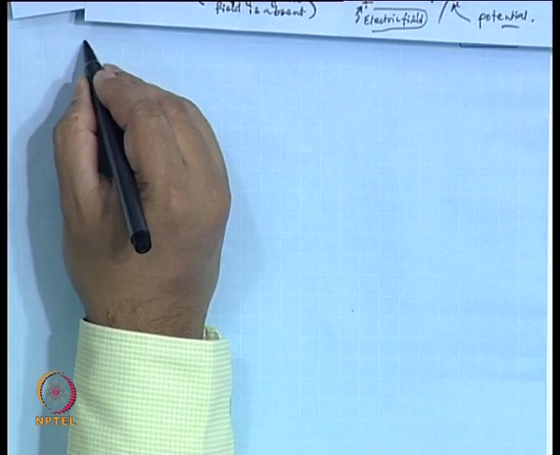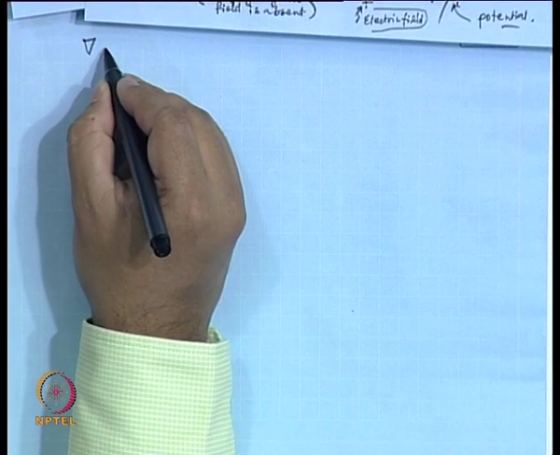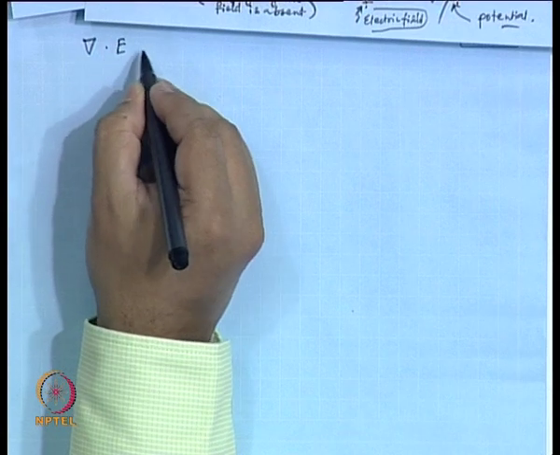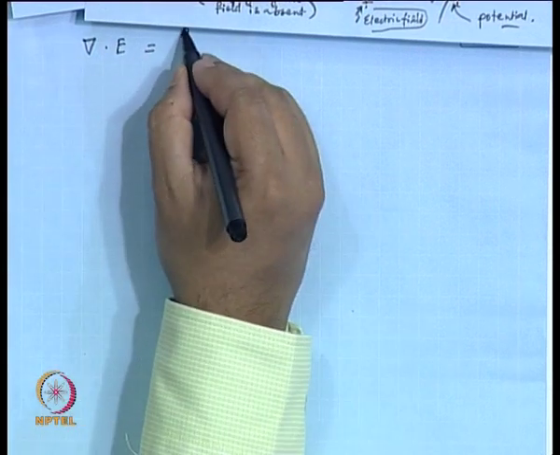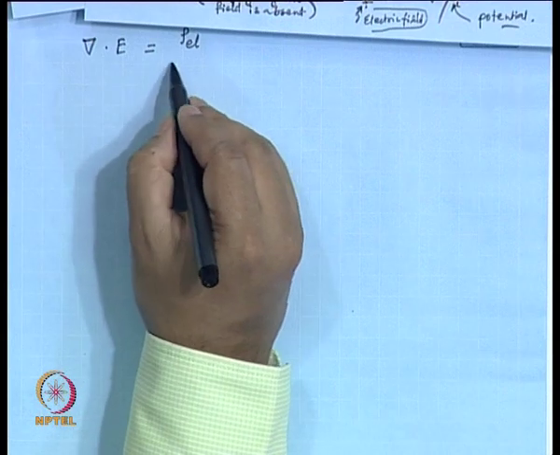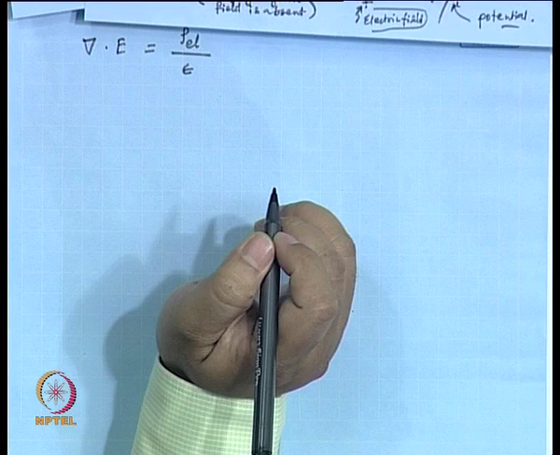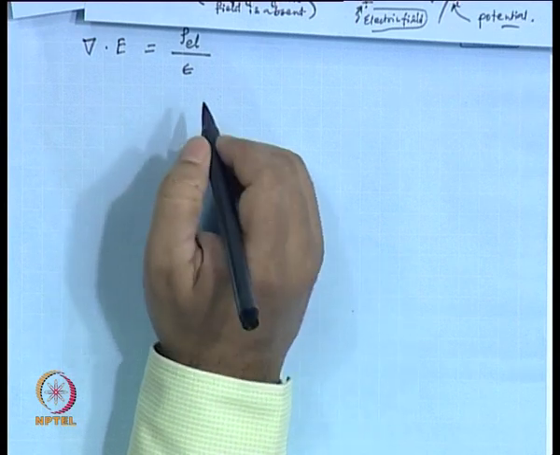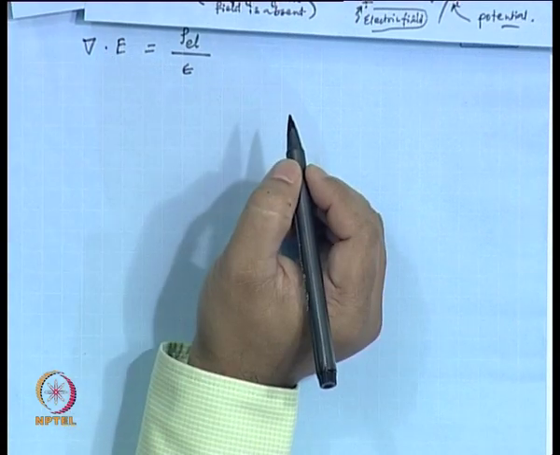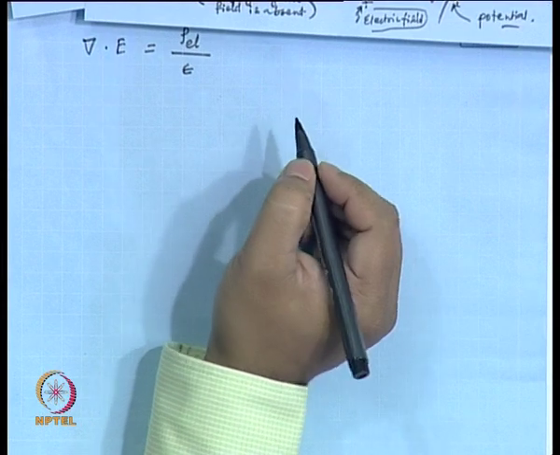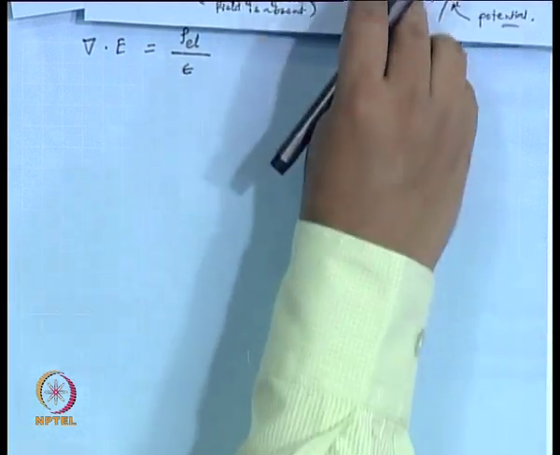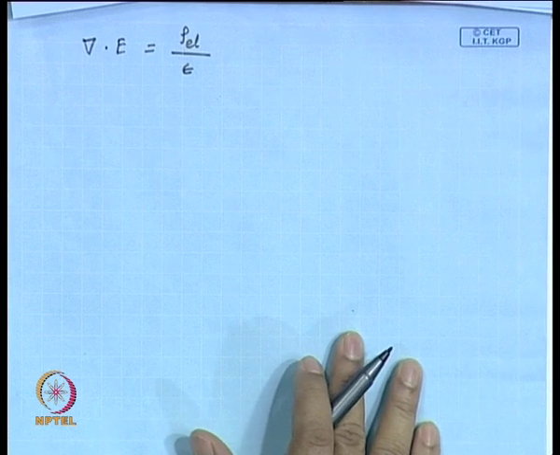delta dot E is equal to rho E L divided by epsilon. Delta dot E is equal to rho E L by epsilon. Do you remember what we had for delta dot V?